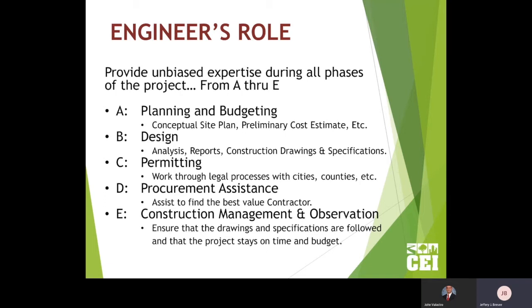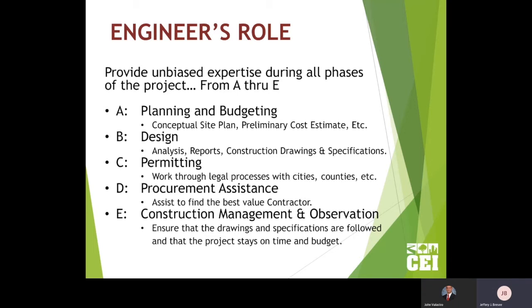So you've got these phases that need to be gone through, and you can see what the engineer's role is here. It's helpful to have an unbiased expert who can guide you, who knows as much as is out there to be known, but also is unbiased, in that you don't have to worry if what they're telling you to do has some kind of motive other than your own best interest in mind.